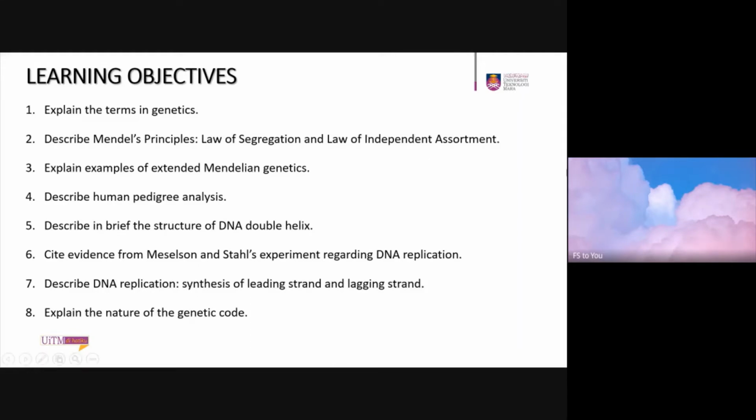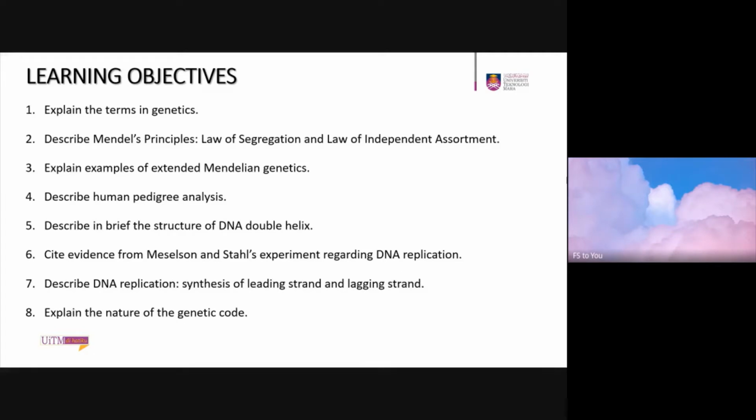Okay. So number 3, explain examples of extended Mendelian genetics. Kalau Mendel bila genotype tu ada dominant and recessive allele, dia dalam keadaan heterozygous, maksudnya genotype tu akan express dominant phenotype. Tapi kalau extended Mendelian genetics, dia lari daripada Mendel's punya syarat tu.